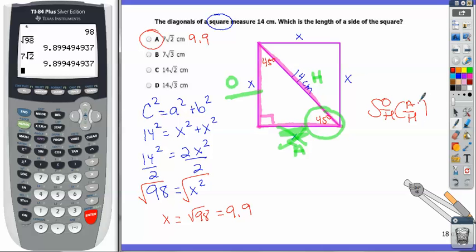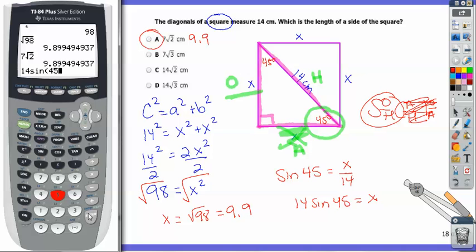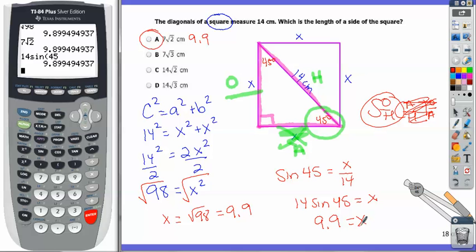So if I have SOHCAHTOA, and I crossed out my a, I'm dealing with sine. Sine of 45 equals x over 14. I need to multiply, and I can do that in my calculator. And what do I get? 9.899, the same exact thing. So I can solve this problem using the Pythagorean theorem or SOHCAHTOA.